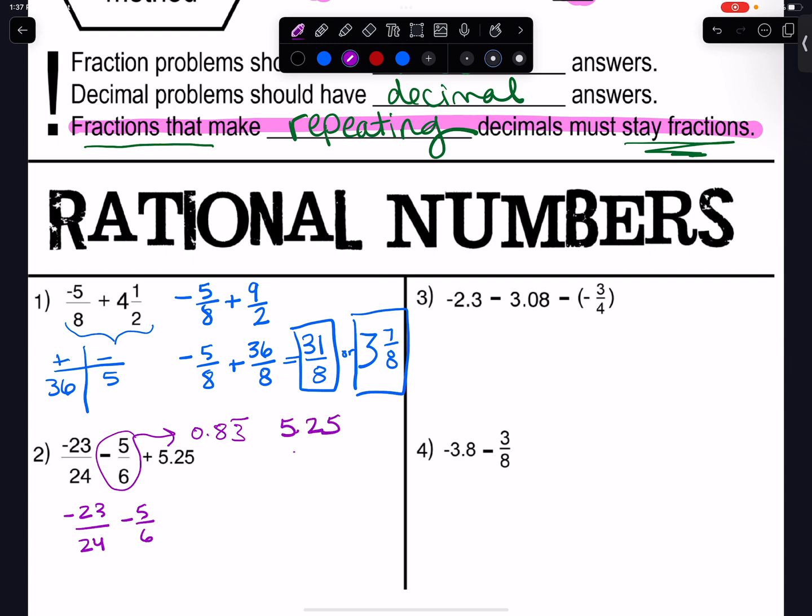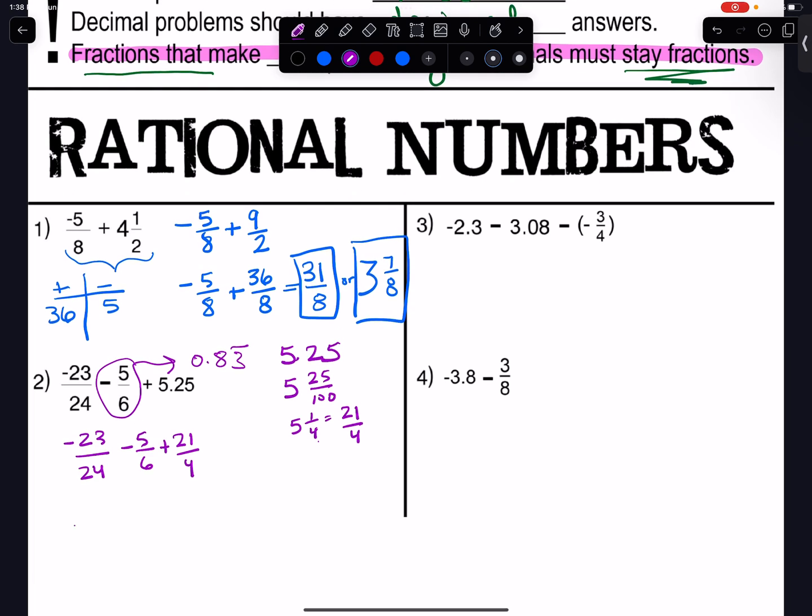5.25 as a decimal is like 5 25/100ths, or 5 1/4, or we can make this 5 times 4 plus 1 is 21/4. So plus 21/4. All right, we need common denominators. A good one with these 3 would be 24.